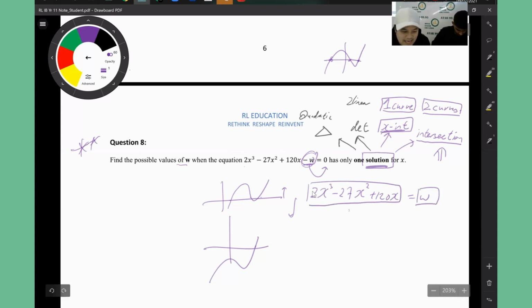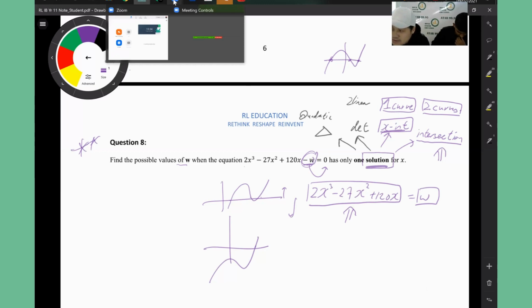So which means I sketch this one, and W is a horizontal line. How do I draw a horizontal line so that it hits the graph 1 time only? Does it make sense? So sketch the diagram. Do you understand what I'm talking about? If not, can you please ask?